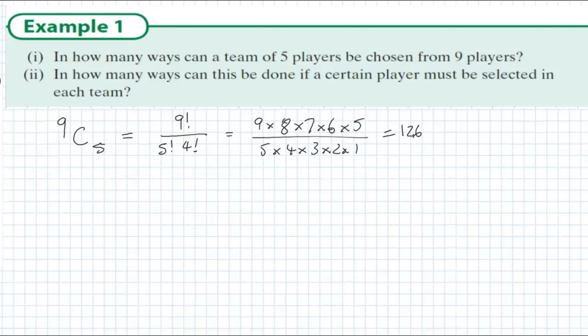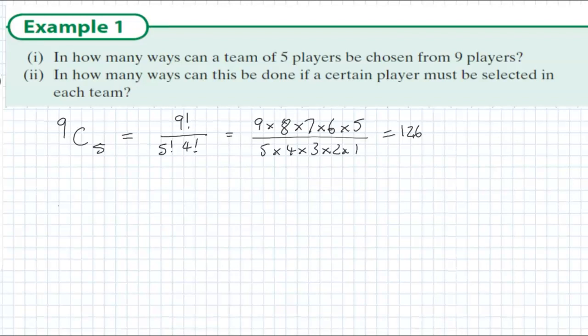In part 2, we're being asked about one certain player that must be selected. So of those 9 people, one person is a shoo-in. They're an absolute certainty, and the only thing that needs to be organised is from the other 8, who's going to be the other 4 people? So what we're saying is we break these 9 people into 2 groups of 1 and 8.